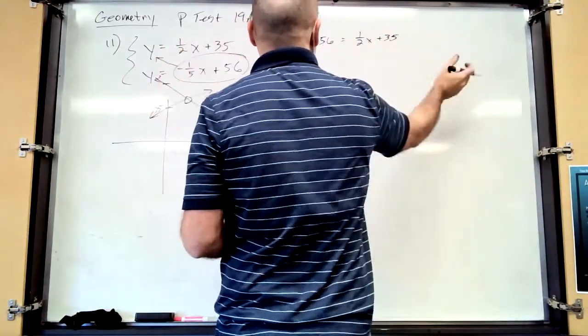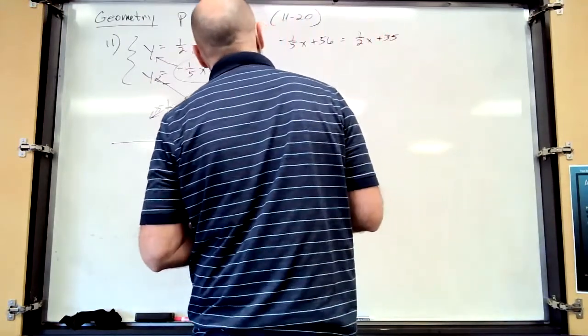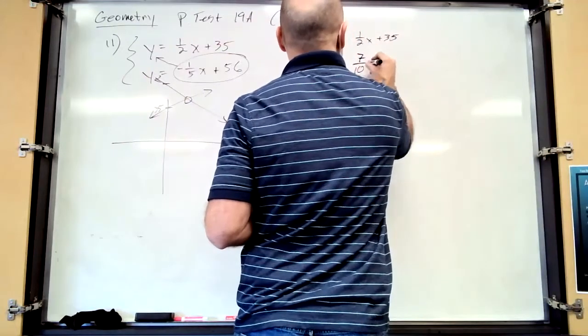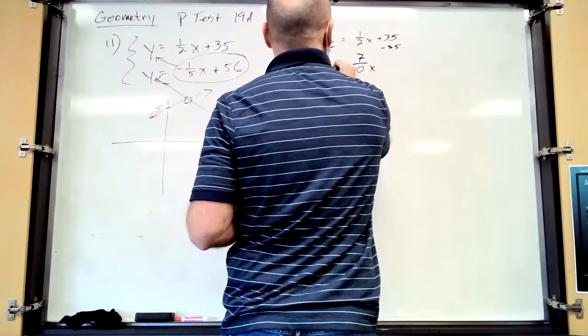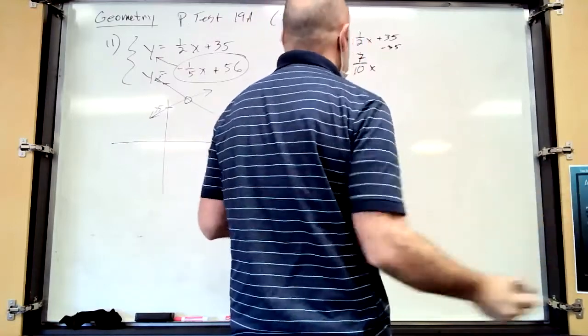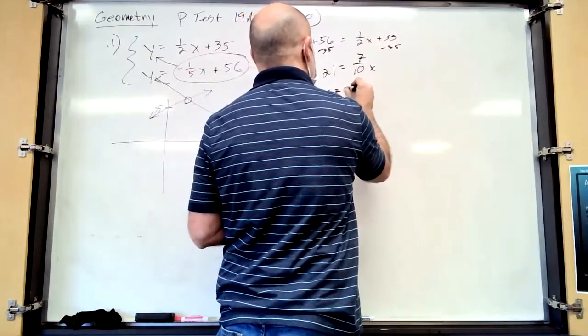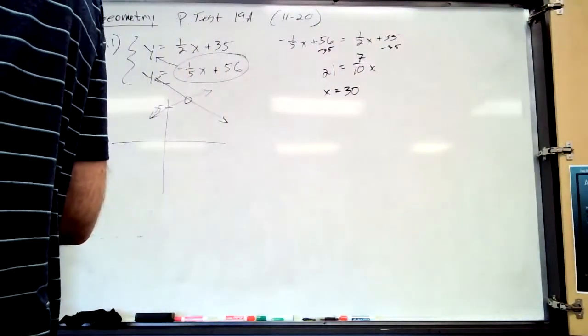I'm going to add 1/5 to both sides. 1/5 plus 1/2, so 2/10 plus 5/10 is 7/10 x. I'm going to get rid of 35. 21. Multiply both sides by 10 and divide by 7, and you get x equals 30. So that is the number of units sold.